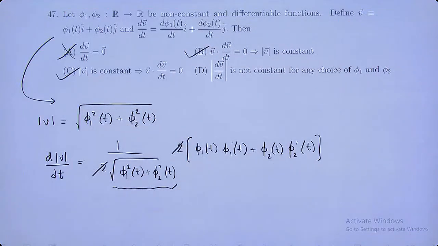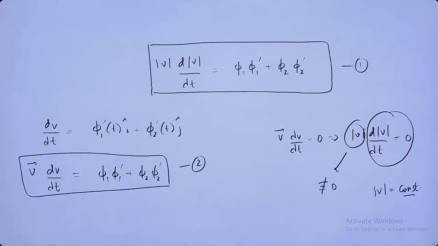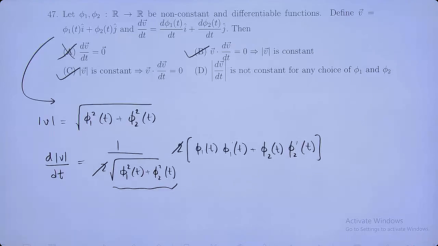And the fourth one is mod dv by dt is non-constant for any choice of phi1 and phi2. What is mod of dv by dt? Mod of dv by dt is phi1 prime square plus phi2 prime square, right? Is it non-constant for any choice of phi1 and phi2? It's not.